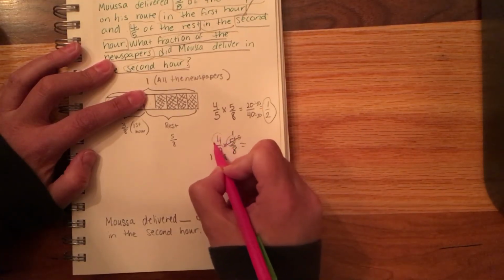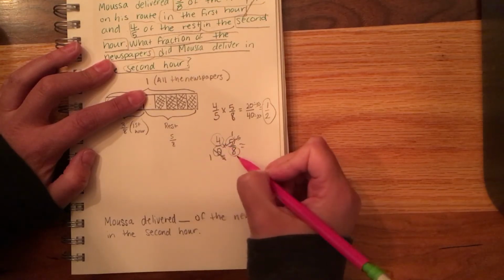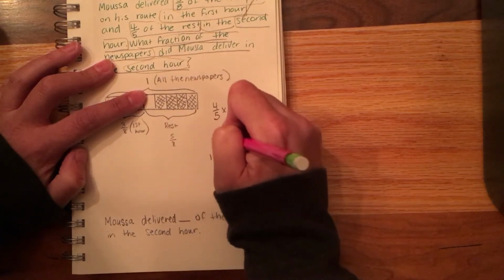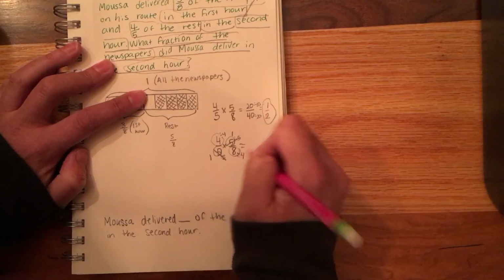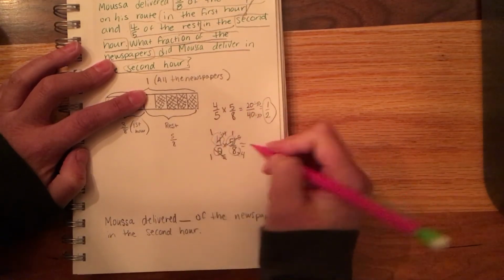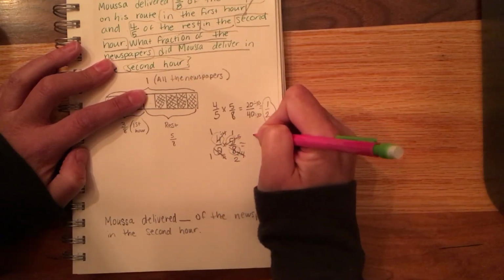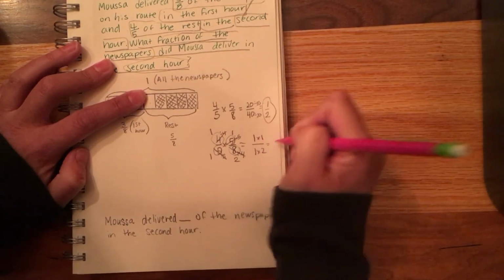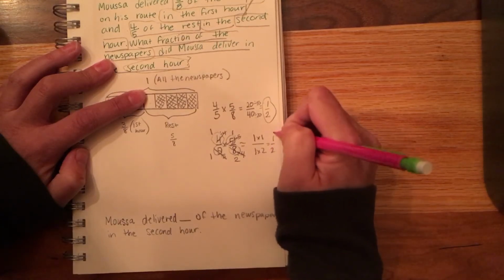I also noticed that the 4 and the 8 are related, because I know that 4 is a factor of 8. So I can do 4 divided by 4 on the top, because I can also do 8 divided by 4 on the bottom. So this cancels out. 4 divided by 4 equals 1, and 8 divided by 4 equals 2. So this ends up being 1 times 1 on the top over 1 times 2 on the bottom. And we can multiply across the top, multiply across the bottom, and see that's 1/2.